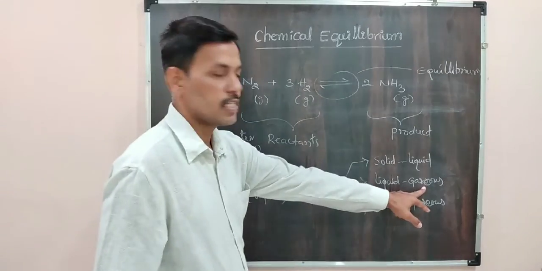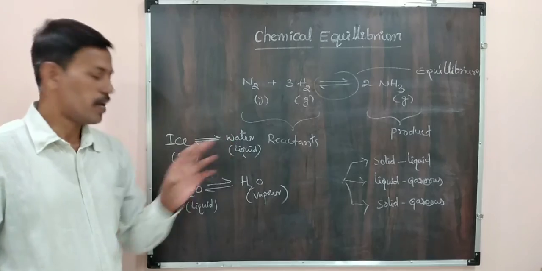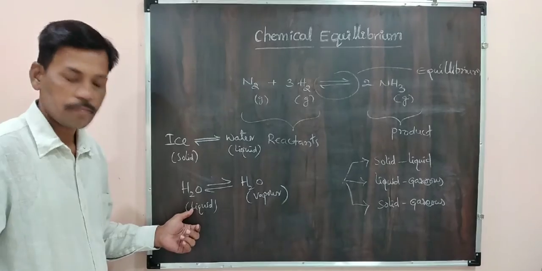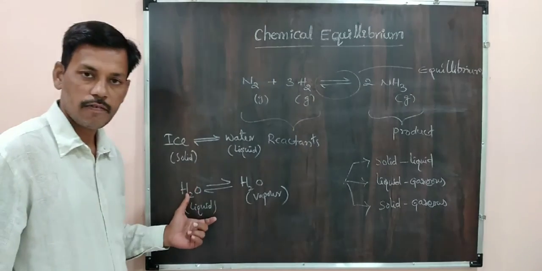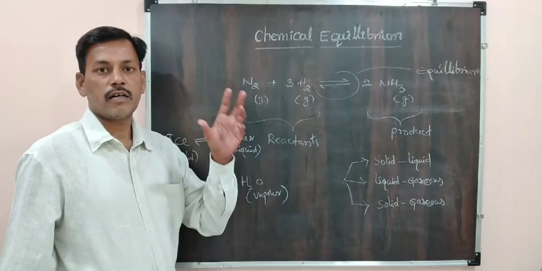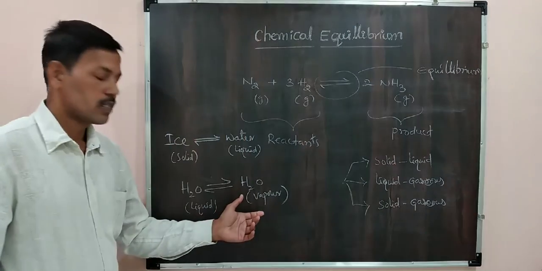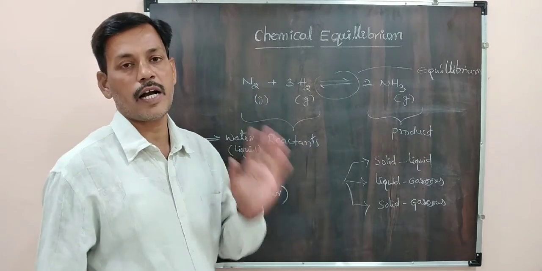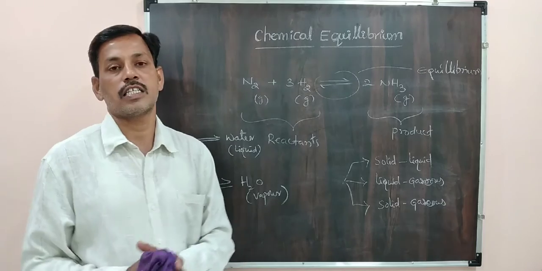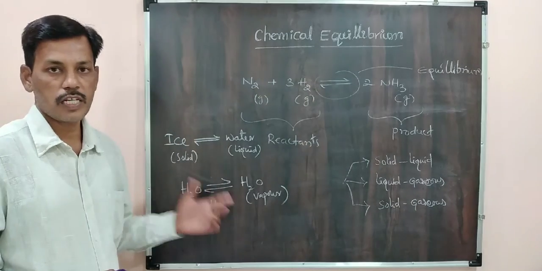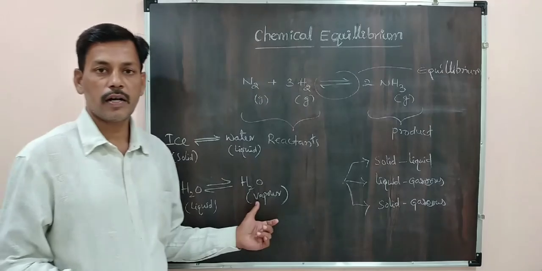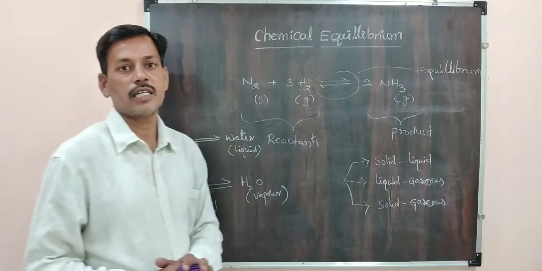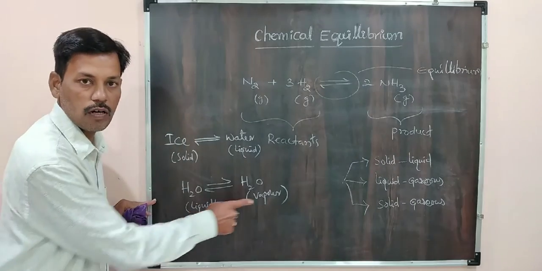Liquid gaseous equilibrium is attained at constant temperature when the rate of liquid water molecules converting is similar to the rate of vapor molecules. So the forward and backward reactions are at the same rate and proceed continuously. Here the water and water vapor are in liquid gaseous equilibrium.